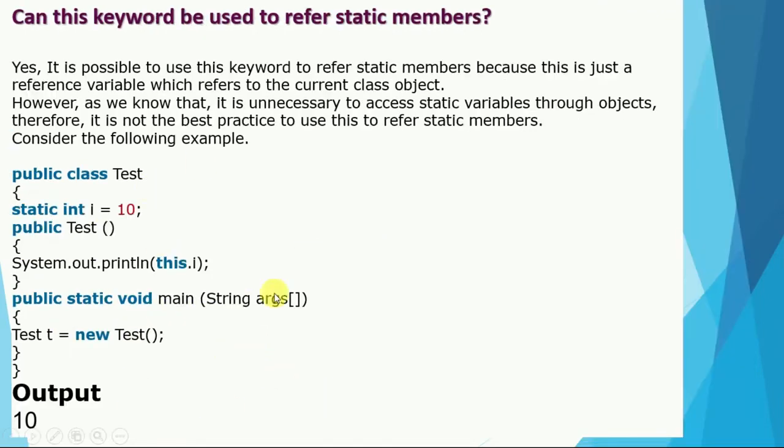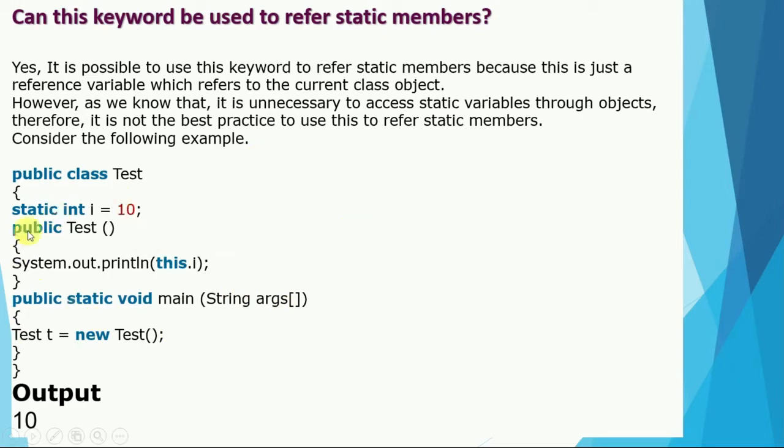Okay, so can the this keyword be used to refer to a static member? Yes, it is possible to use the this keyword to refer to a static member, because this is just a reference variable which refers to the current class object. As we know that it is unnecessary to access a static variable through objects, therefore it is not the best practice to use this to refer to static members.